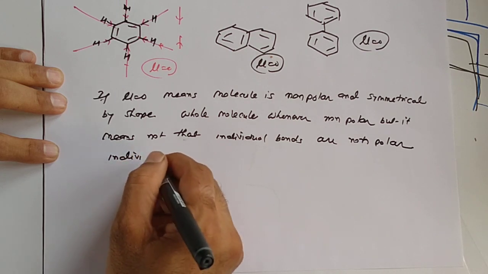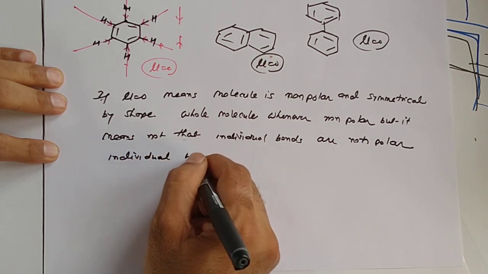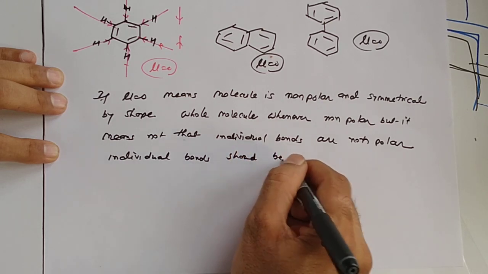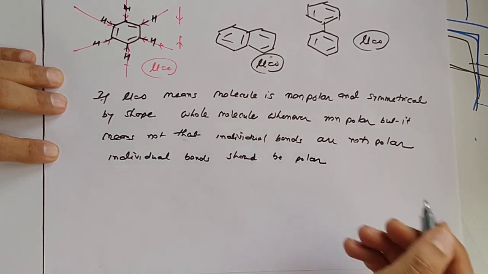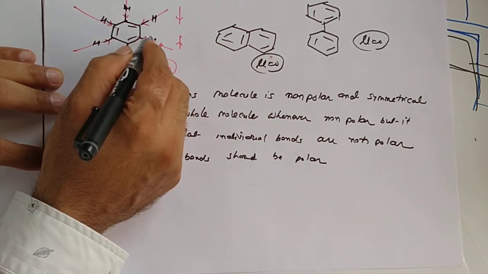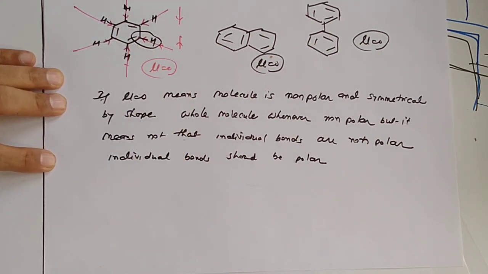Individual bonds can be polar. Net polarity of the molecule is 0. Here C and H is polar, but net polarity is 0.